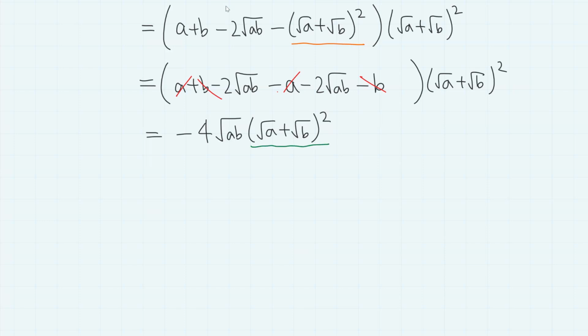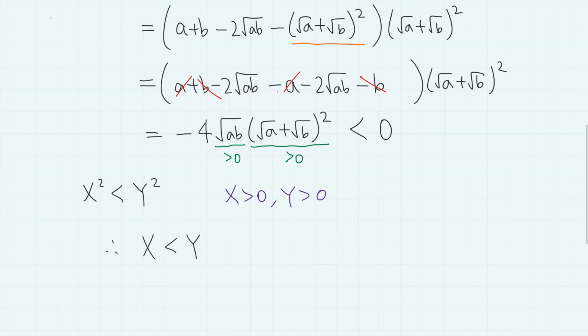Here this part is positive, and since both a and b are positive, this part is also positive, so this entire thing is negative. So we have x squared is less than y squared, and from the definitions of x and y, we know that both x and y are positive, so we have x is less than y.